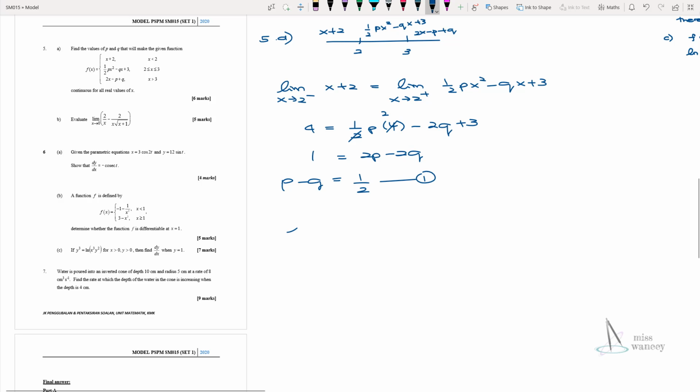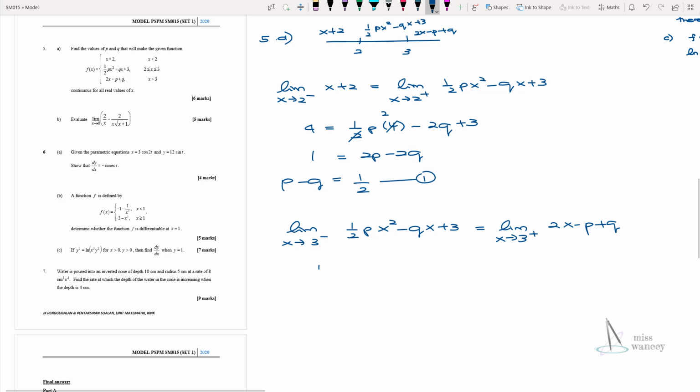The other one, I'm going to compare the limit for x approaches 3 on the left hand side. So the function is half px squared minus qx plus 3. So this is the limit as x approaches 3 on the right hand side, 2x minus p plus q. So substitute x with 3.